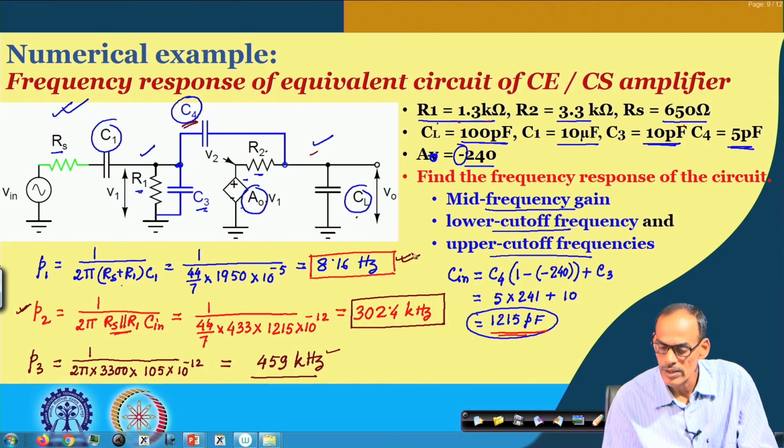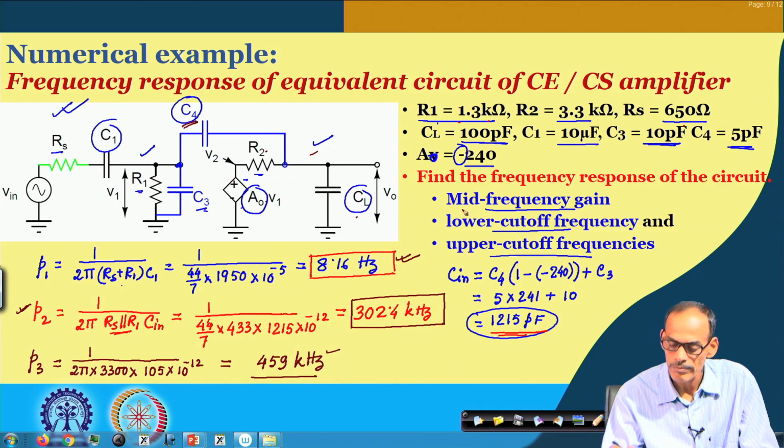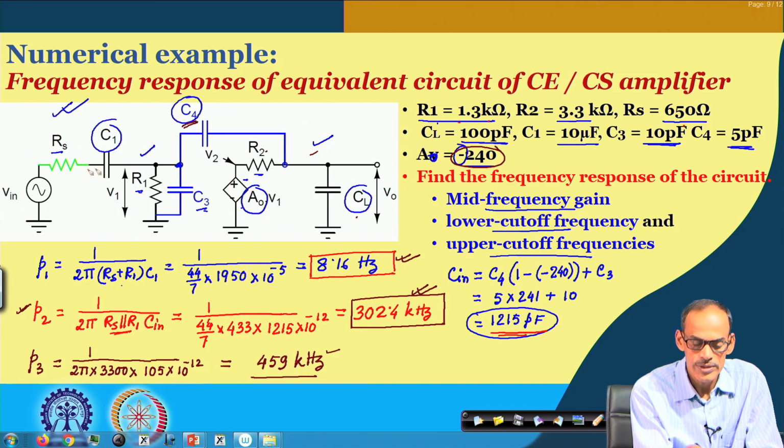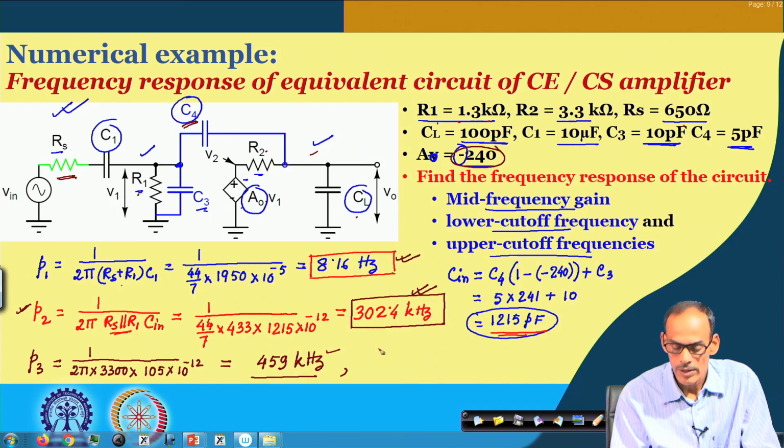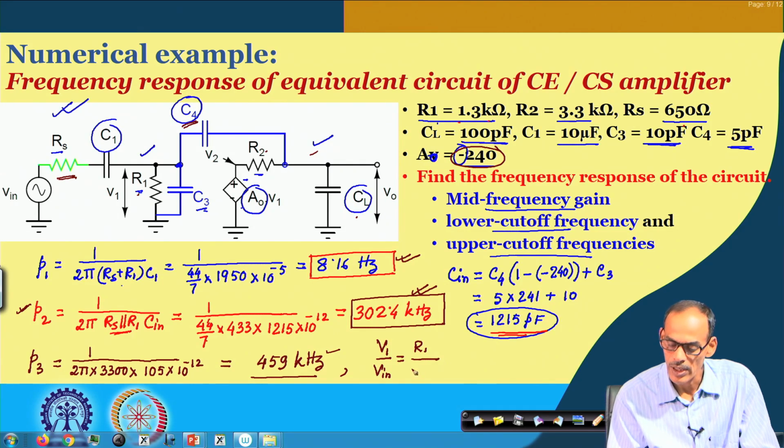And also to get the mid frequency gain, the mid frequency gain is of course this multiplied by whatever attenuation is coming from these two elements. So, what is that attenuation? I should say V 1 divided by V in, in the mid frequency range, equals R 1 divided by R s plus R 1, and R 1 is 1.3, this is 0.65 kilo.